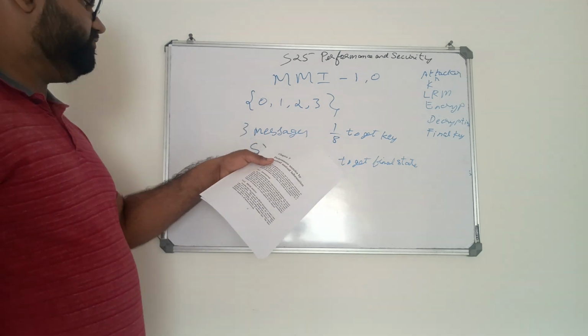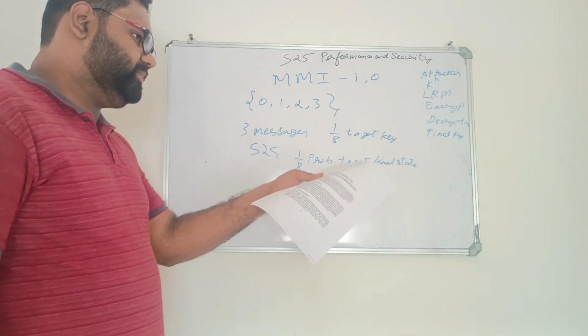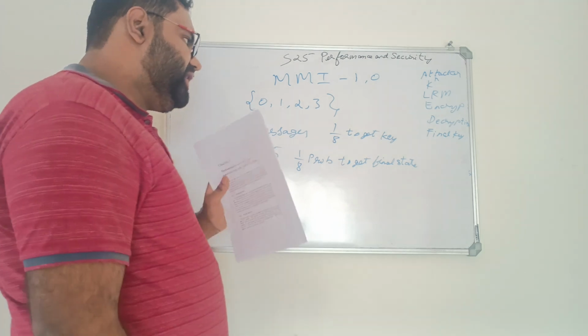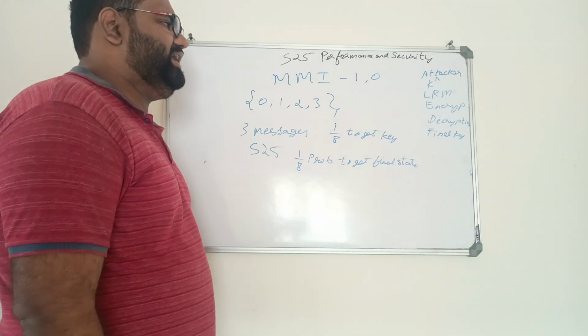So when we look at this, you might think that both of them are the same, but the partial key access is not present for the attacker in S25, and all of this information might not be that easily available.